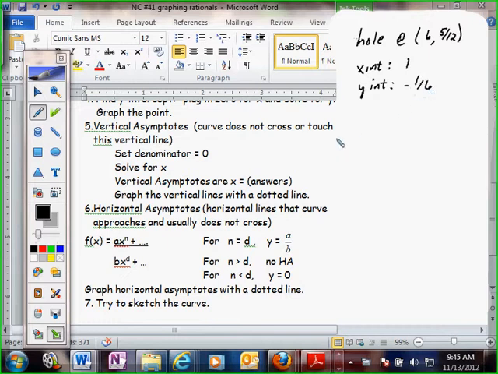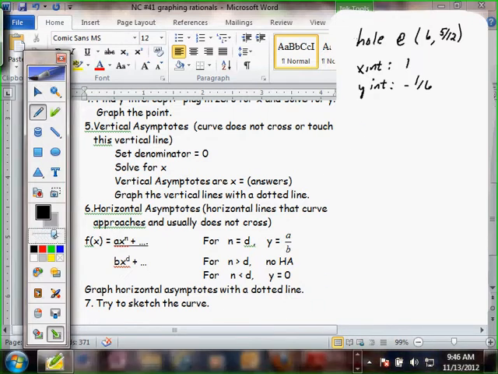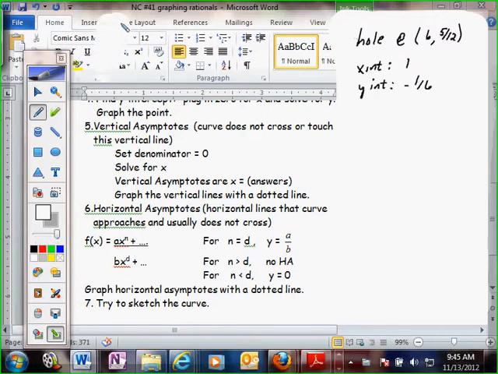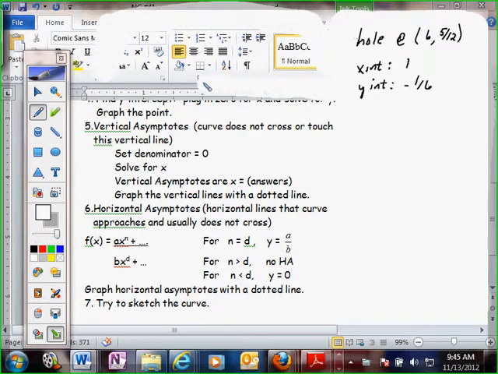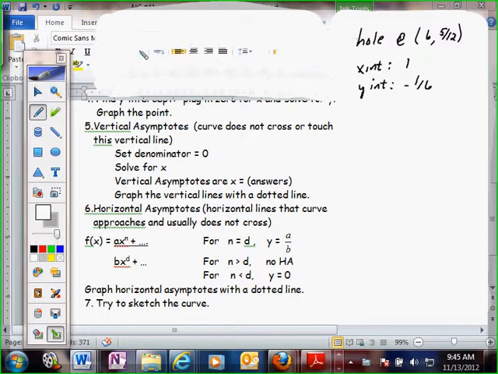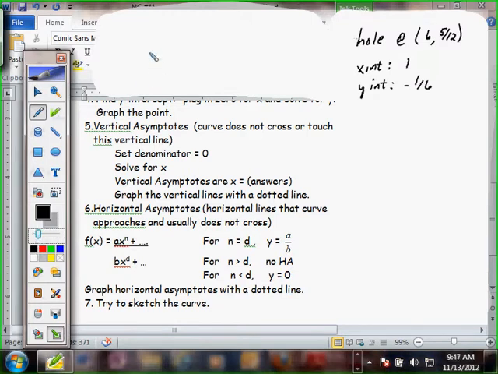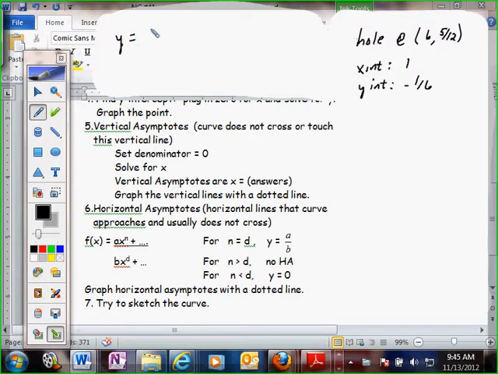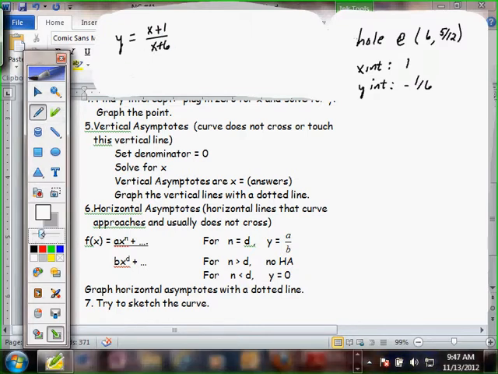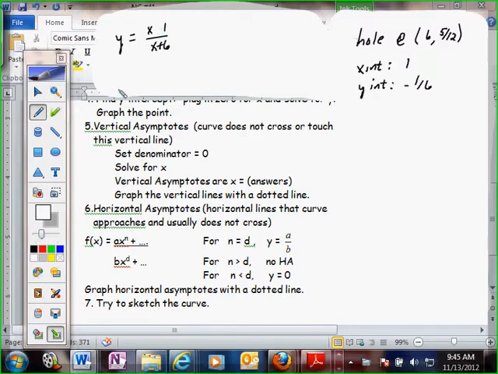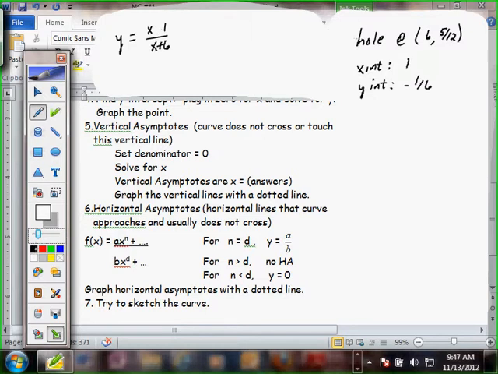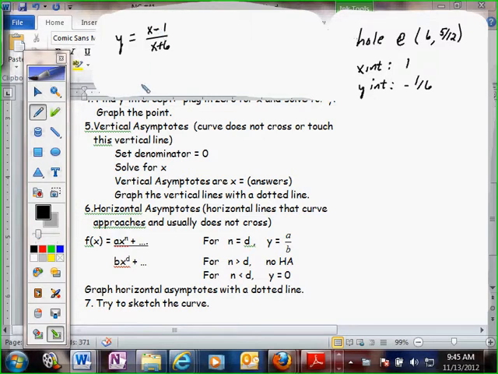And the vertical asymptote is where I'm at. The function I have left, once that hole comes out, where we canceled the factors x minus 6, was y equals x minus 1 over x plus 6.